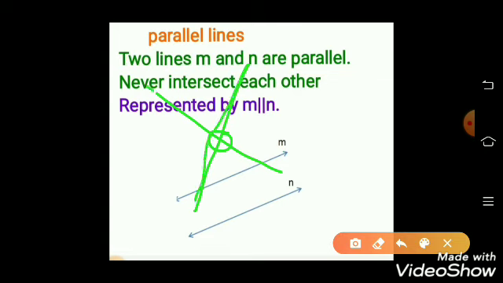So two lines having one common point are called intersecting lines. But parallel lines never intersect each other. One great example for parallel lines is a railway track, which never intersects.